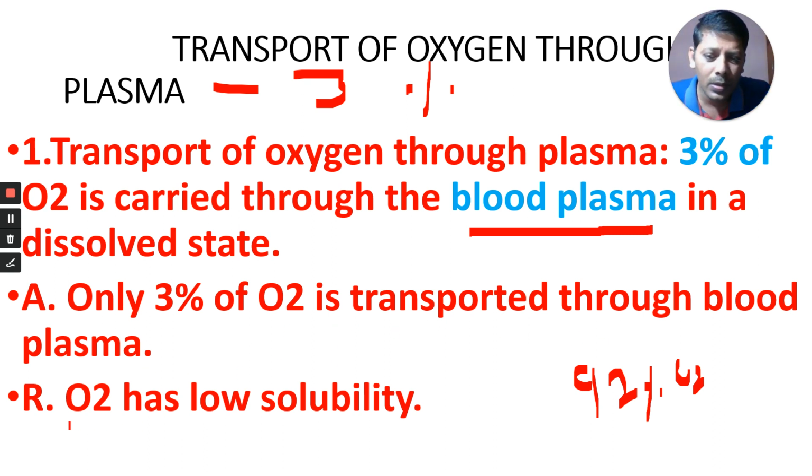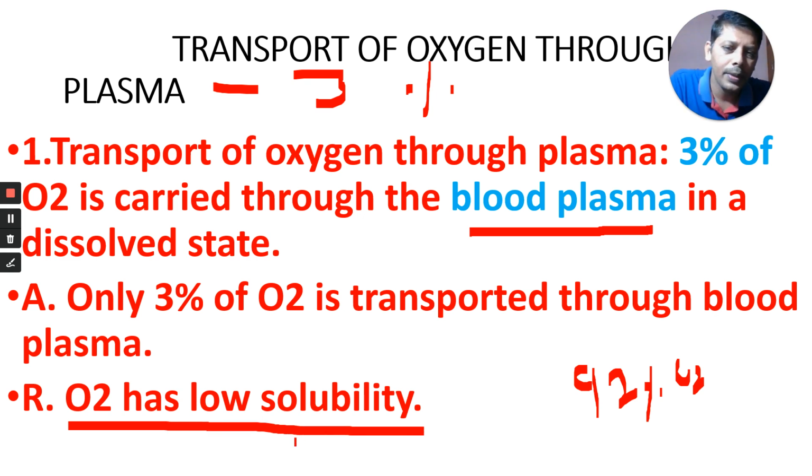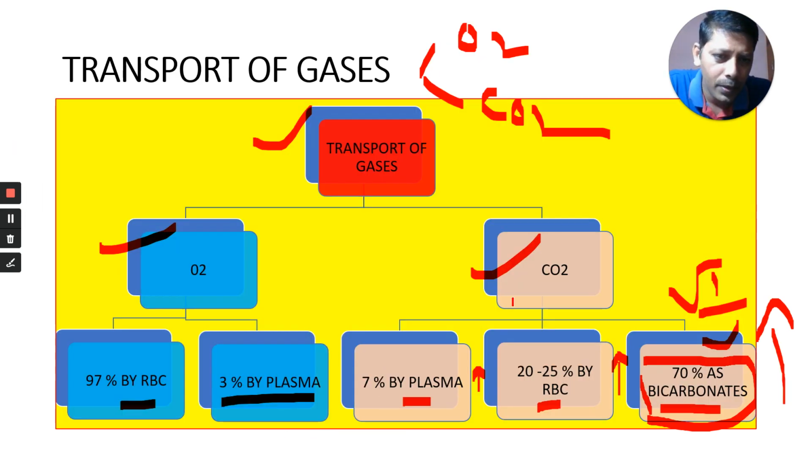Only 3% of O2 is transported through blood plasma. The reason is oxygen has low solubility. But if you observe here, carbon dioxide is transported by plasma 7%, whereas O2 is transported by plasma only 3%. Carbon dioxide has more solubility, so more carbon dioxide is transported by plasma than oxygen.